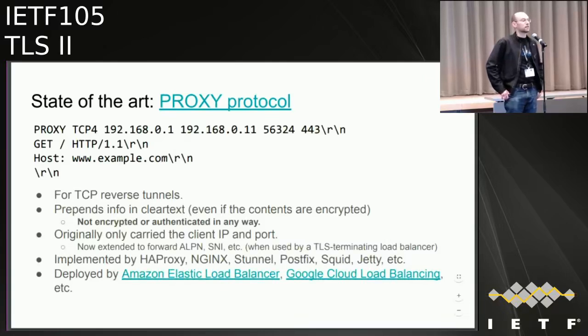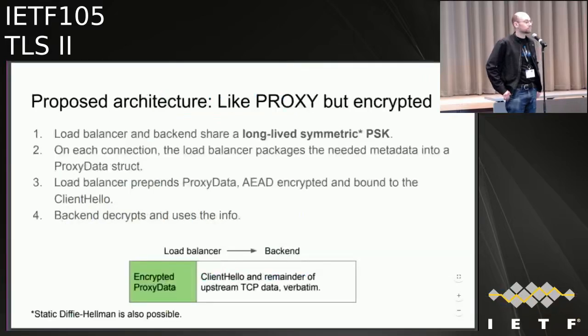But it has been extended to incorporate lots of other information, especially when you are terminating TLS at the load balancer. It's widely implemented and it's completely unencrypted and insecure. So while we're in the business of trying to forward some secure information between a load balancer and a backend, maybe it would be nice to set up a clear path forward for people who want to do that in a more secure way. Next slide.